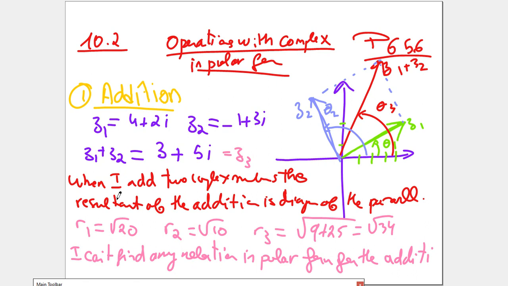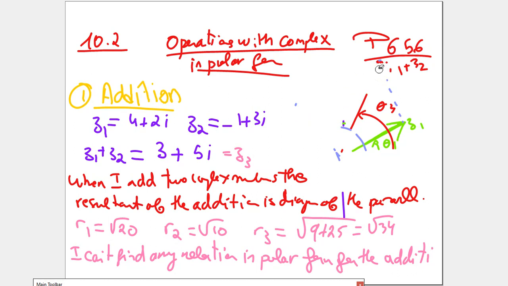Now let's see if there is any relation between two complex numbers when I add. Can I find any relation between the angles? I will erase the figure and draw it again so it will be clearer.